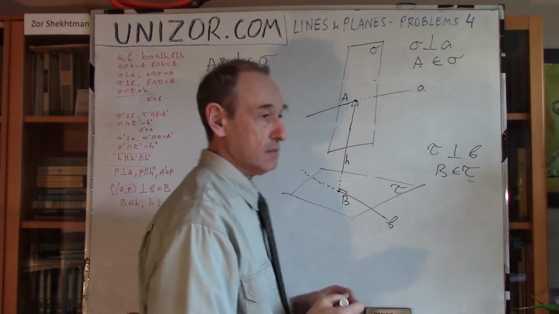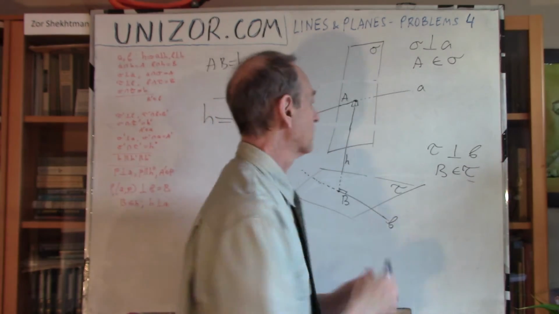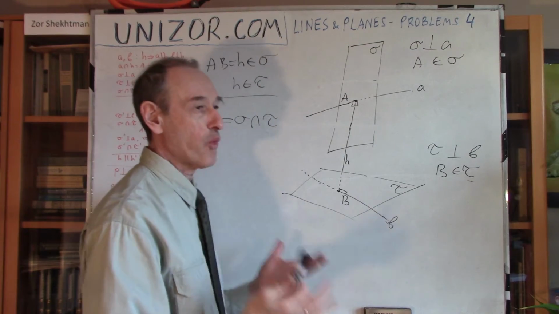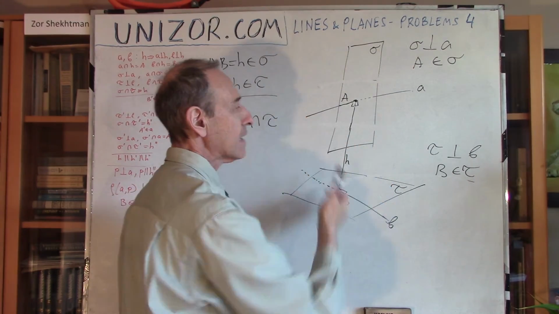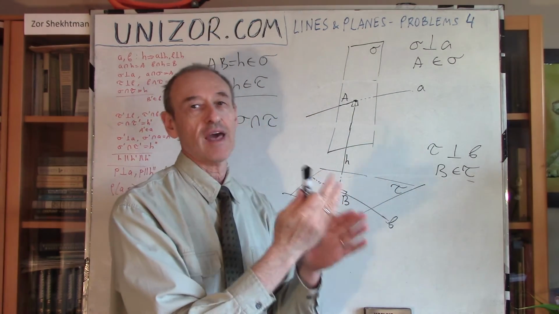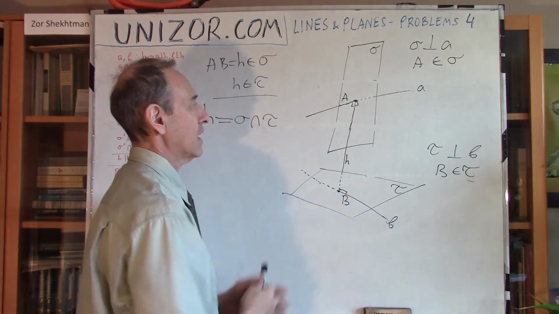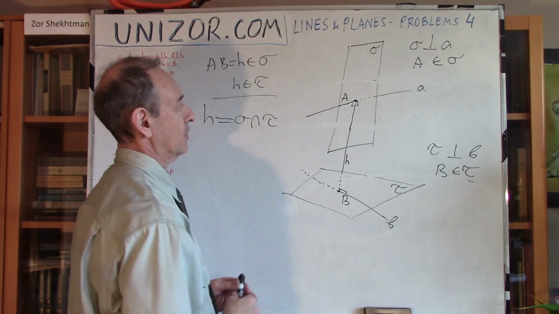Well, okay, fine, but the problem is I don't know the points A and B. I don't know where to draw these two planes to intersect them and get my H, right? Well, of course I don't.